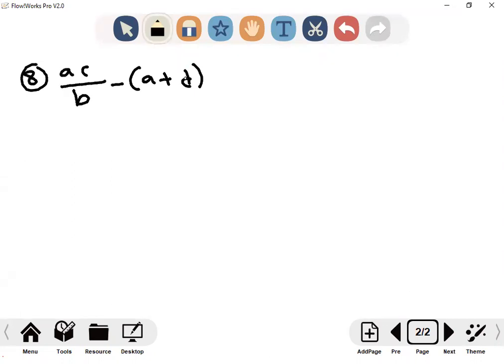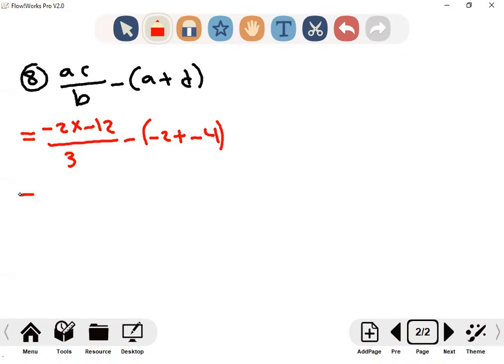AC: A is -2, multiply C which is -12, over B which is 3, minus A -2 plus D -4. I just removed the variables and put the numbers, same idea.